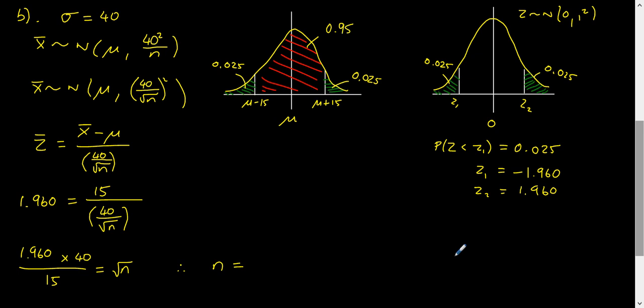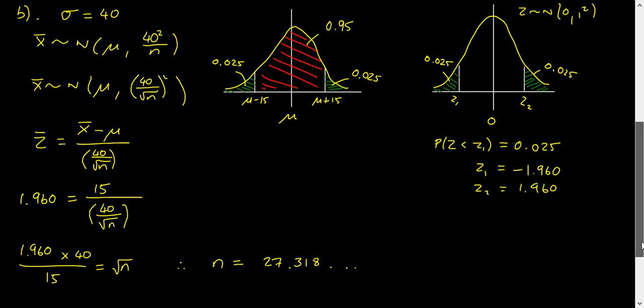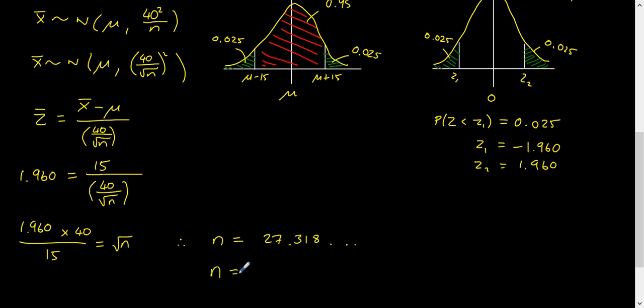So we'll do the fraction button, bracket, fraction button, 1.960 multiplied by 40 divided by 15, close bracket, squared, and we get 27.318... And so there has to be at least 27.318 in the sample for this to be true. And so n has to be 28. The sample size of 28 is the first number that will return the result that we want.